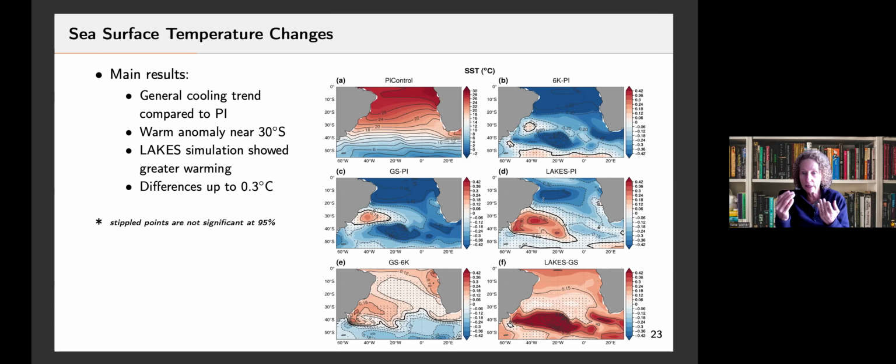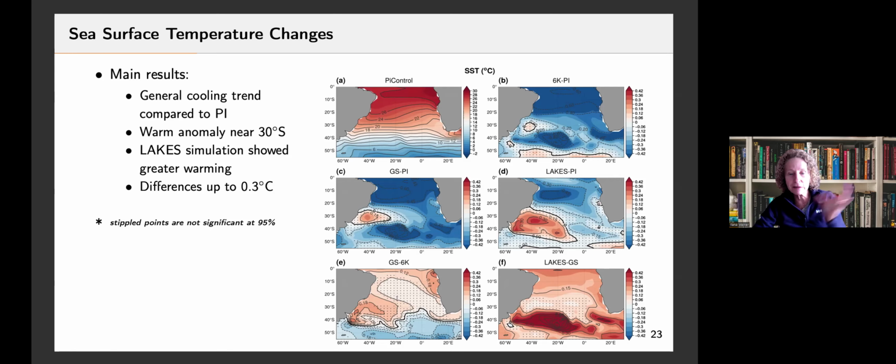And when we look at the differences in the lakes, and this is SST, which is kind of expected, we can see that we form a sort of dipole in the response relative to the pre-industrial control. So we have a cooling pretty much in the tropical regions, but a significant warming in the subtropical regions, most of the Atlantic and a little bit in the western part as well.